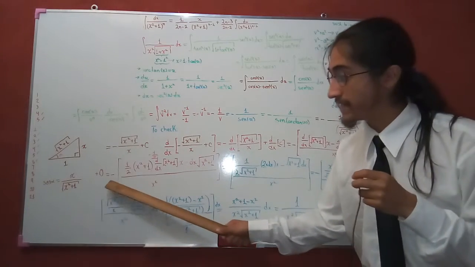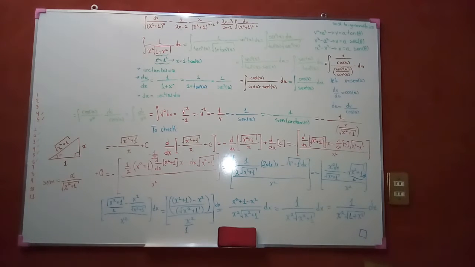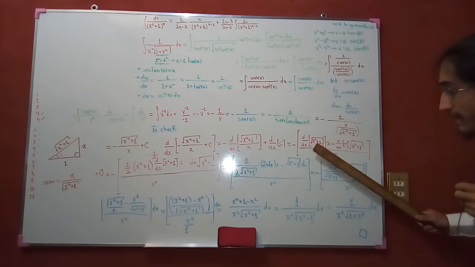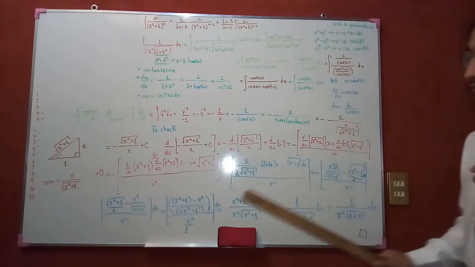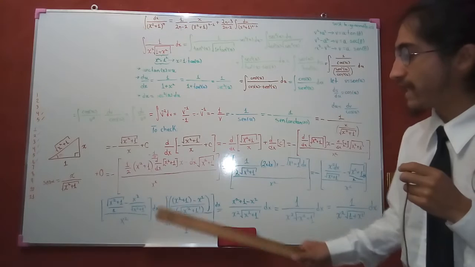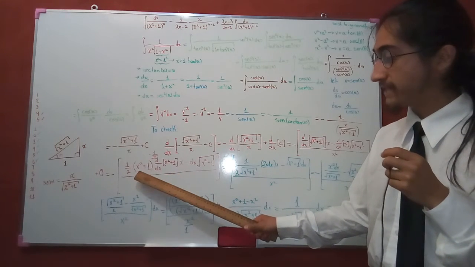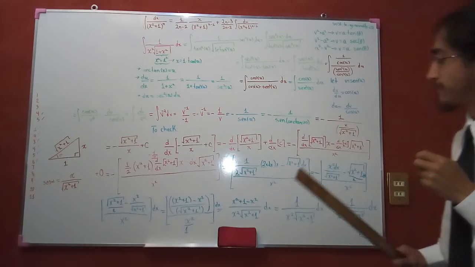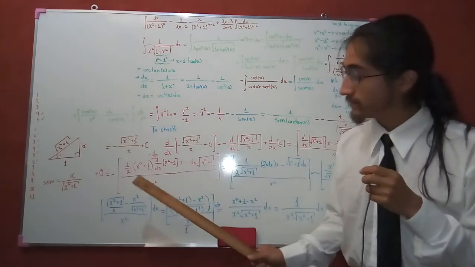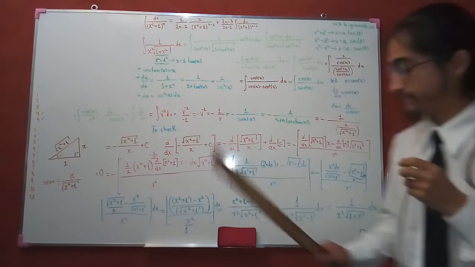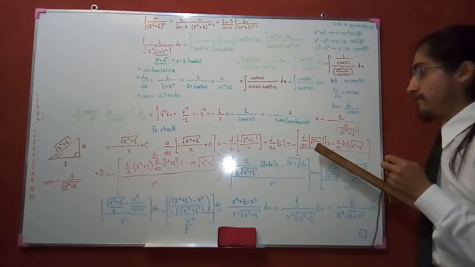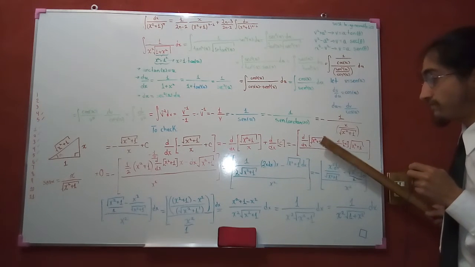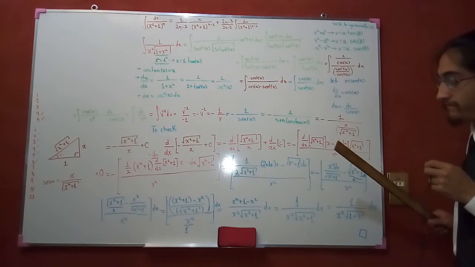So this is equal to negative, open parentheses. The derivative with respect to x of the square root of x squared plus 1 is equal to 1/2 multiplying, open parentheses, x squared plus 1, closed parentheses, raised to the power of 1/2, because the square root of this number means that this number is raised to the power of 1/2.